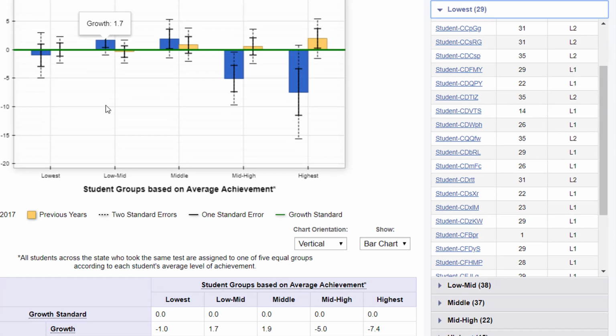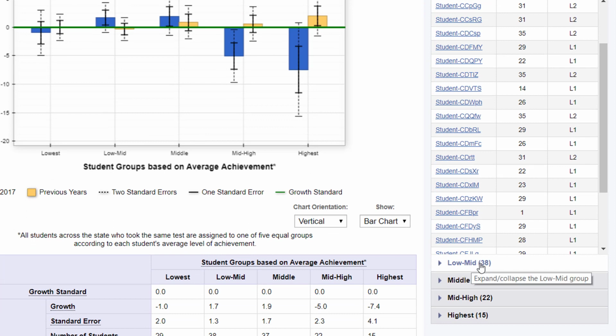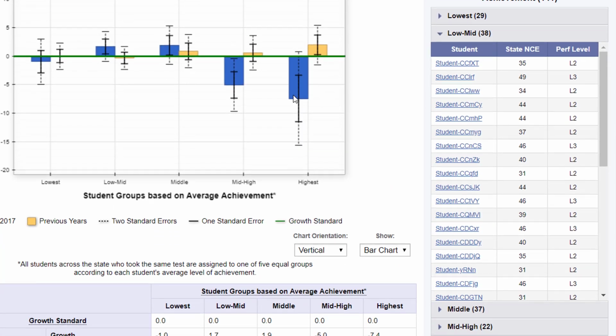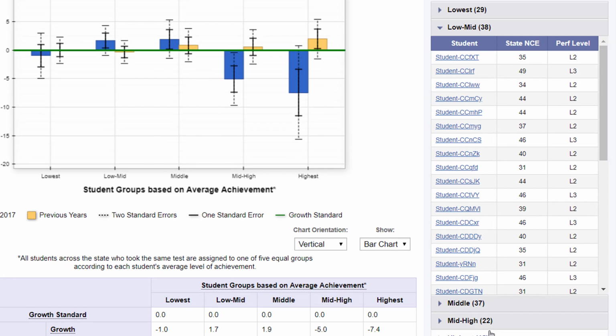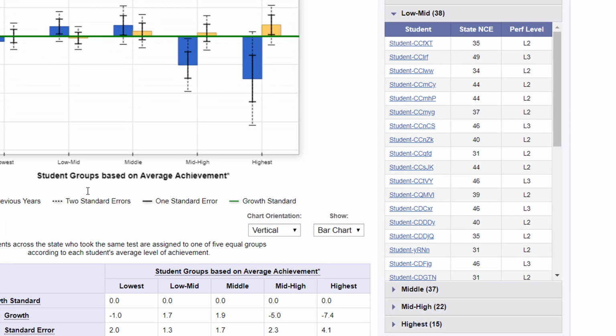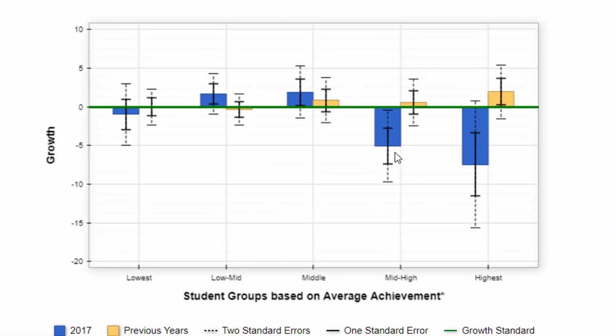When I look at my next bar, there was 38 students in this bar. And again, you see there was 37 in the middle group, 22 in the next to the highest, and 15 in the highest group. Now, one quick thing you can see just by looking at this chart is that this group of students were probably most likely taught towards the lower end, because the students from the low to the mid performance ranges met growth.